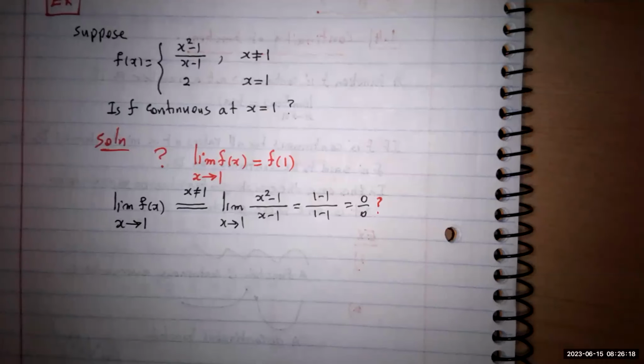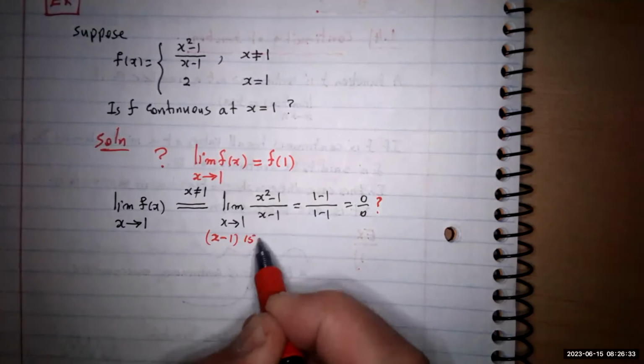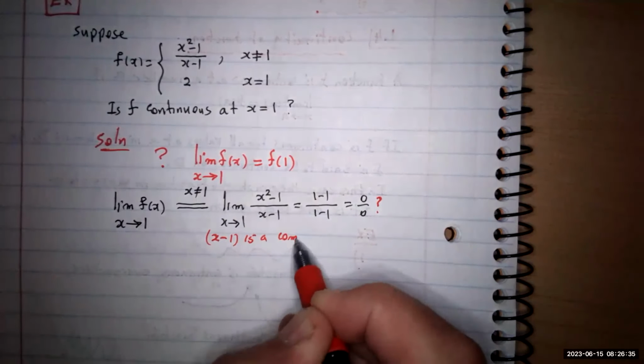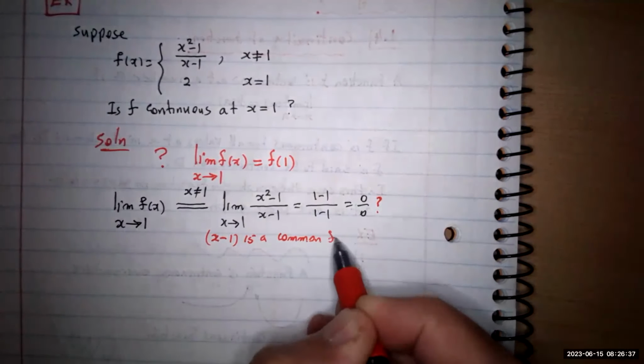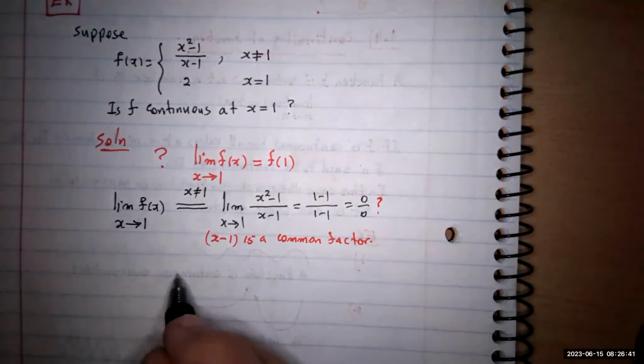What is that common factor? It's going to be x minus 1. Excellent, x minus 1. Just for your information, x minus 1 is a common factor, so be prepared for it.